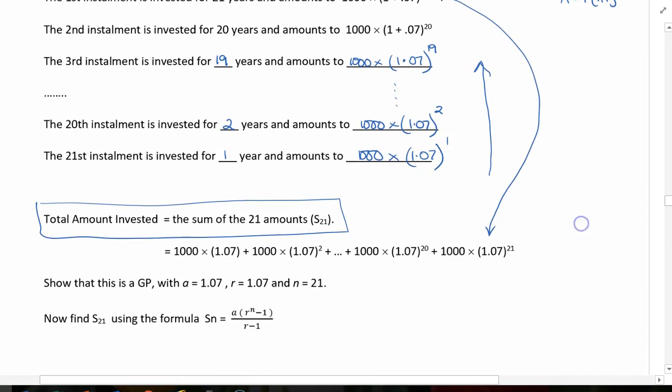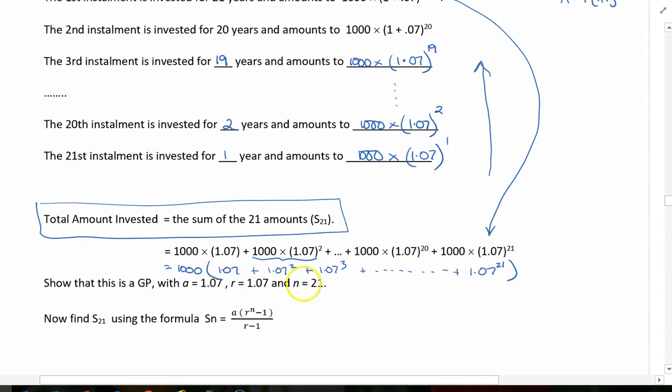Now, we can think of this in two ways, and just to keep the numbers small, I like to think of it as just factorising it for now, because we can see within every term there's $1,000. So it's 1.07 plus, now take 1,000 out of this, we've got 1.07 squared. We'd have 1.07 cubed up to 1.07 to the 21.